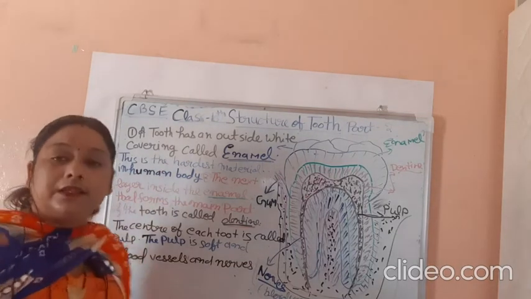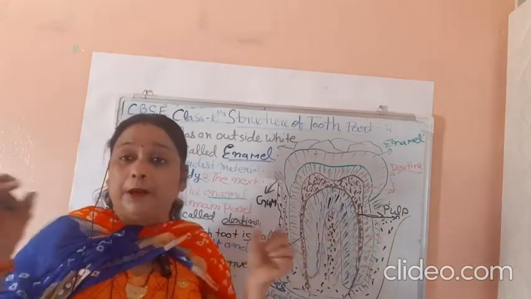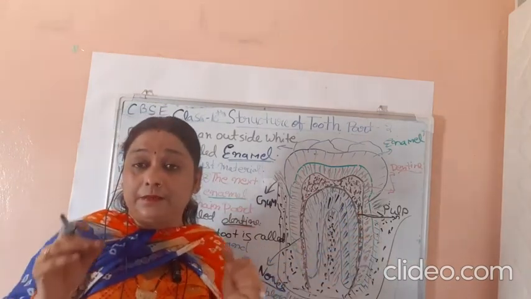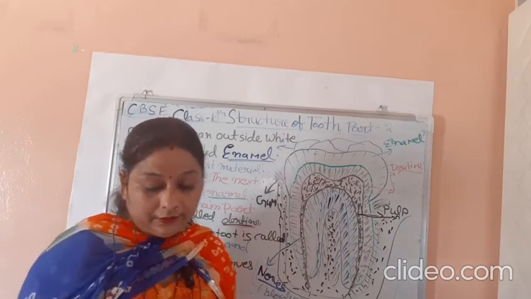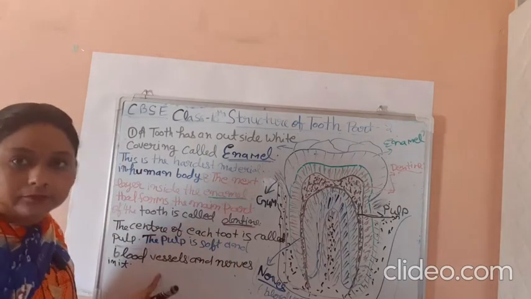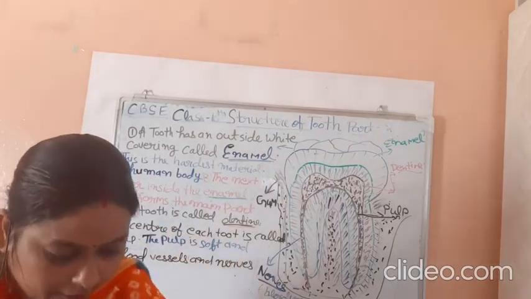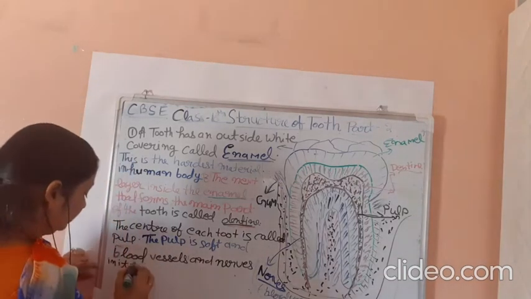So what is the function of the blood vessels and nerves present in the pulp? These blood vessels and nerves provide food to the teeth.